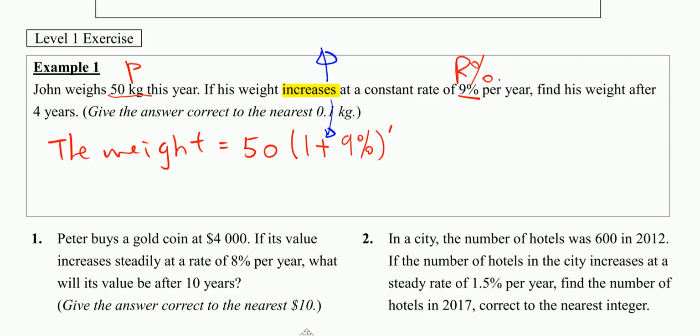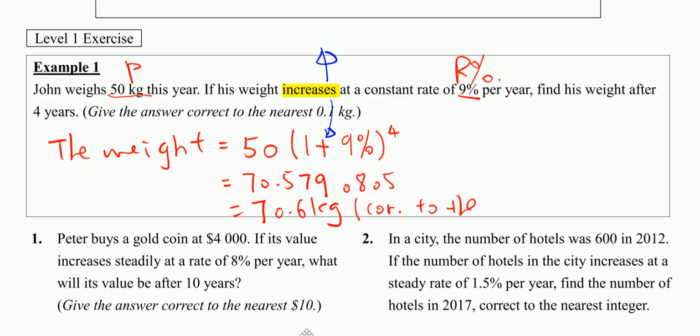Then put in all the values. Copy all digits first, then take the correct value, and write it correct to the nearest 0.1 kg. That's the answer for example 1.